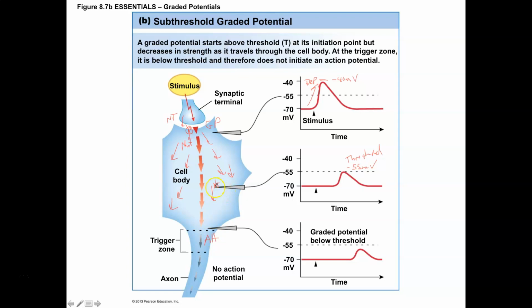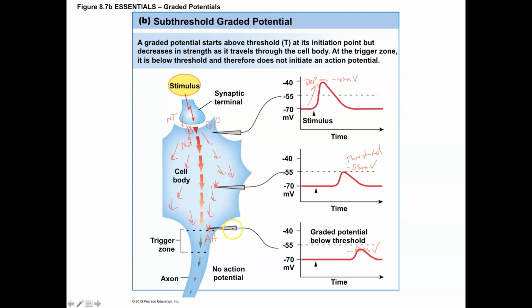So we're at negative 55 in the middle of the cell body, but we're not at negative 55 at the axon hillock, because as you continue to move towards the axon hillock, and we measure at this location, we notice that we're only at maybe negative 60 millivolts. The graded potential has gotten weaker with distance.